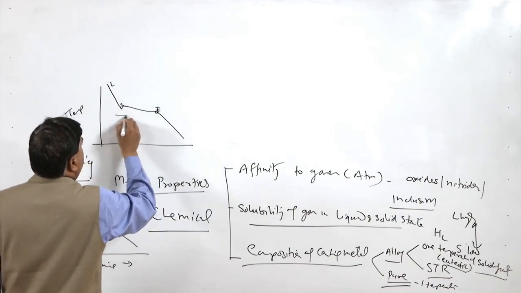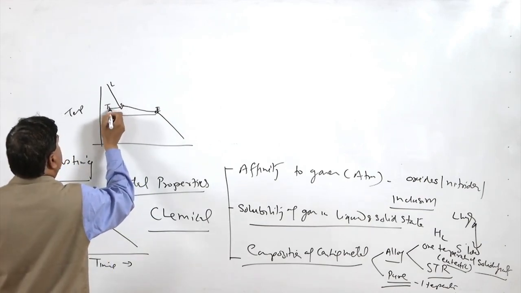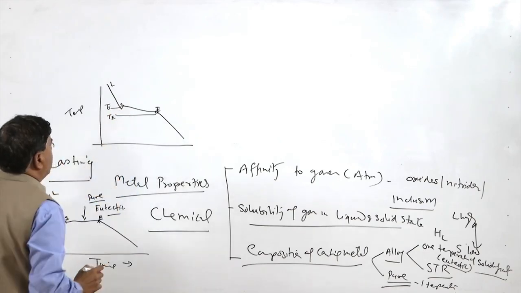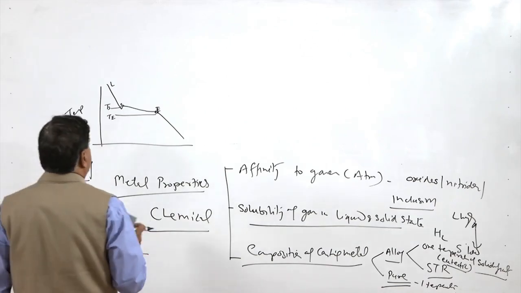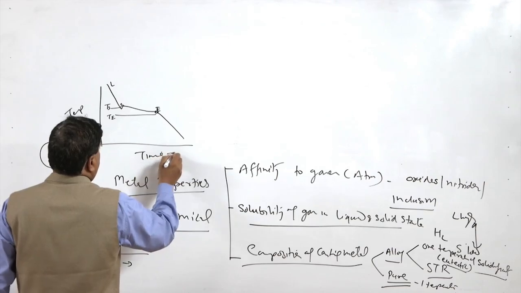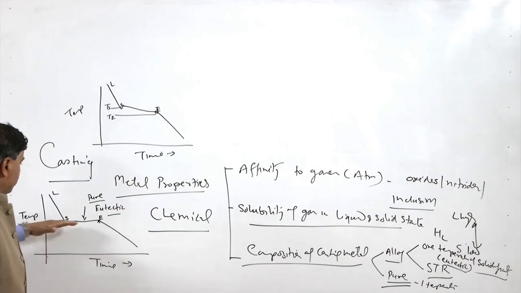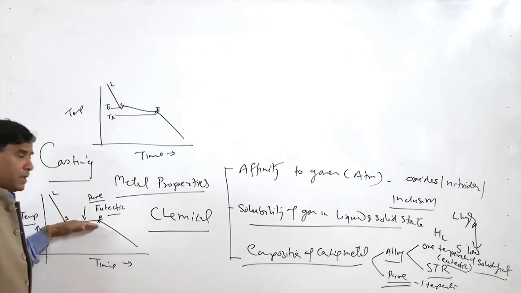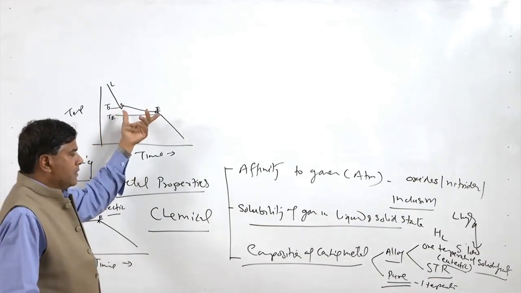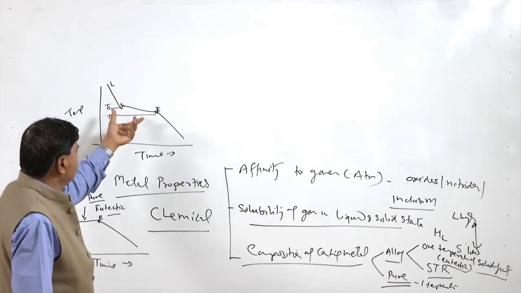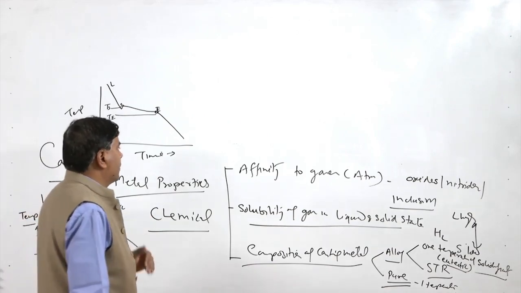This is the range of temperature over which solidification will be occurring. Here Ts and Te denote the temperature at which solidification starts and the temperature at which it ends. Again, the x axis is time and the y axis is temperature. The temperature remains constant in the course of solidification in the case of pure metals and the eutectic temperature, while the temperature continuously decreases in the case of alloys having a solidification temperature range.